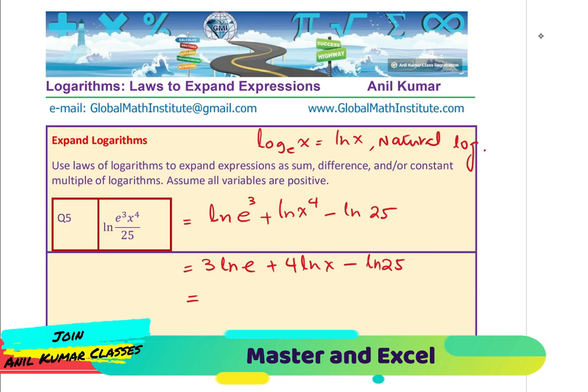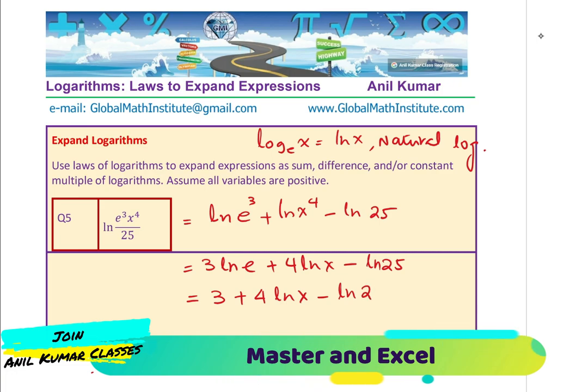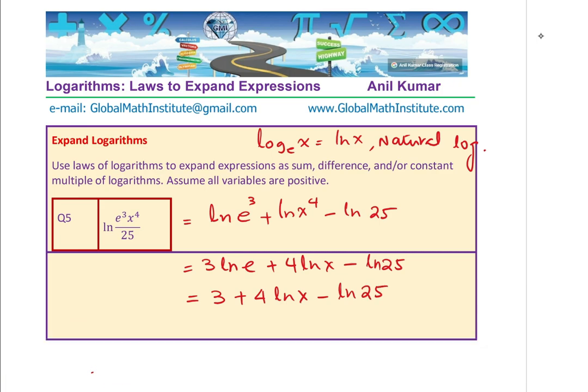Okay. Now what is ln e? Ln e is 1, and therefore we are left with the constant 3 plus 4 ln x minus ln 25. You see that? That is how you could write your expression. If you want, you can rearrange it. Well, you could rearrange and write 4 ln x minus ln 25 plus 3, whatever. Either way, it is correct.